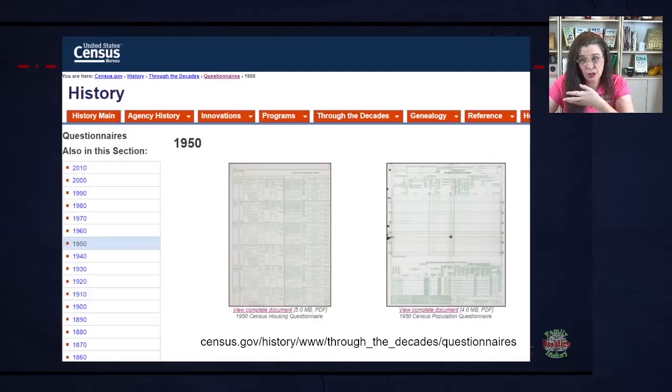And this is what it's going to look like. You just go up to census.gov and then through the decades, click on questionnaires, then navigate to 1950, and you have the 2 PDF files that you can download.